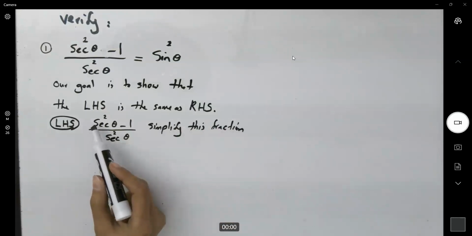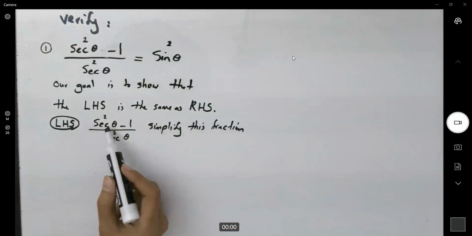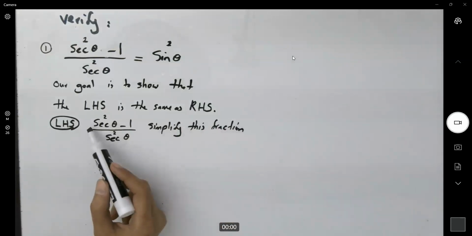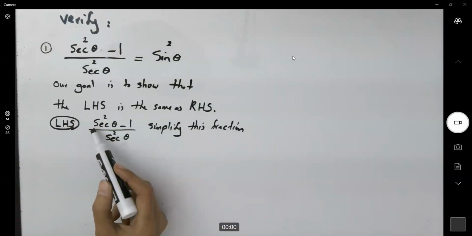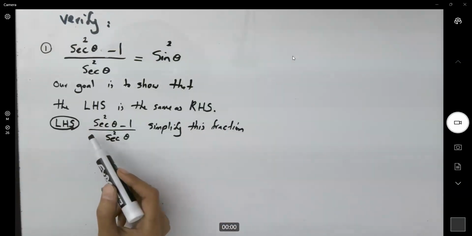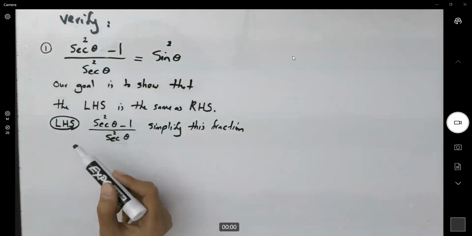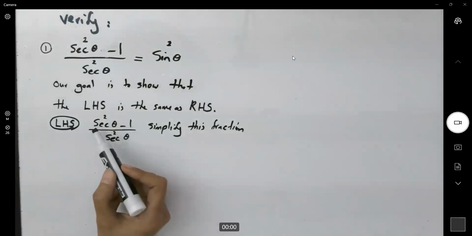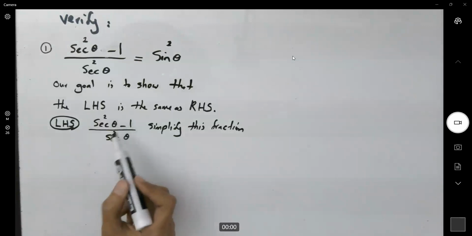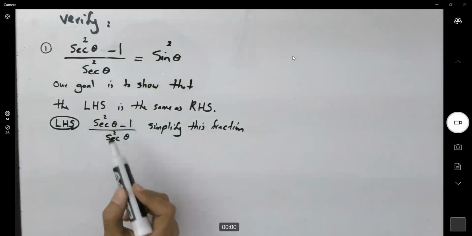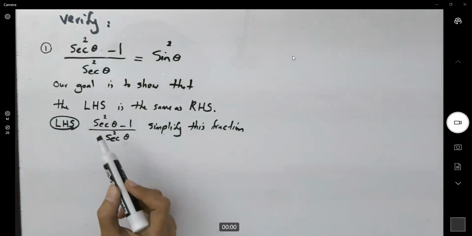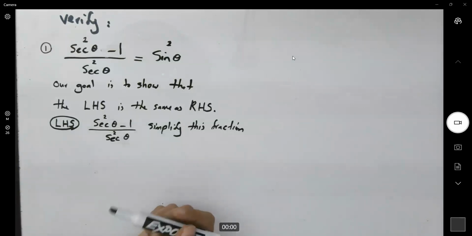The very first thing you can do is to write your secant as 1 over cosine. Or you might say, I know secant squared is 1 plus tangent squared. So you can either say secant is 1 over cosine, substitute that here, take a common denominator and then simplify.